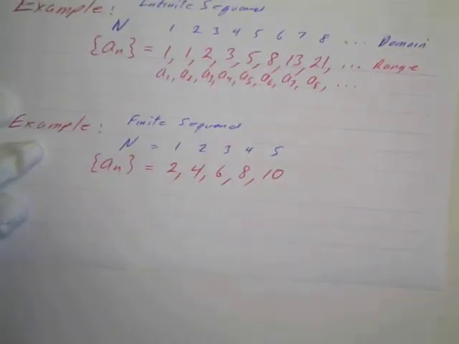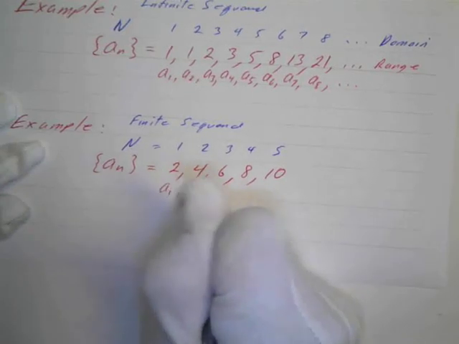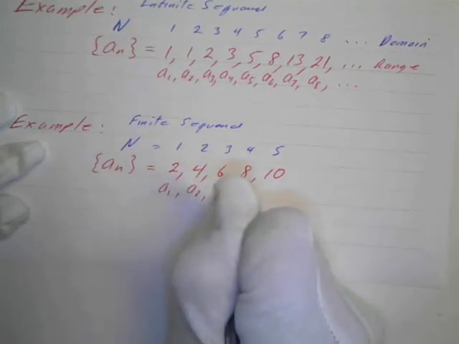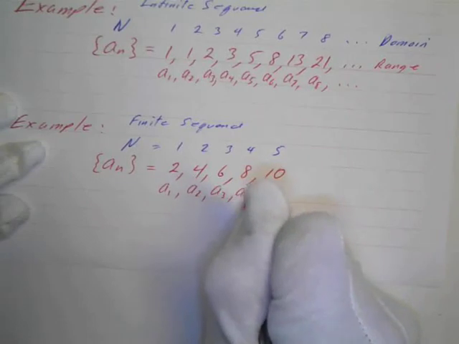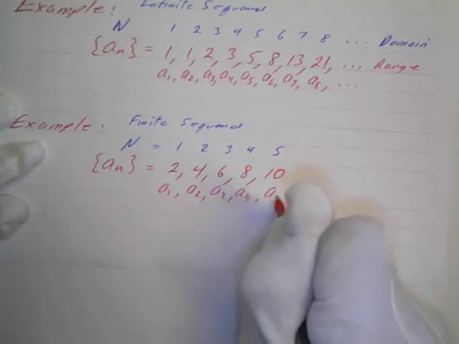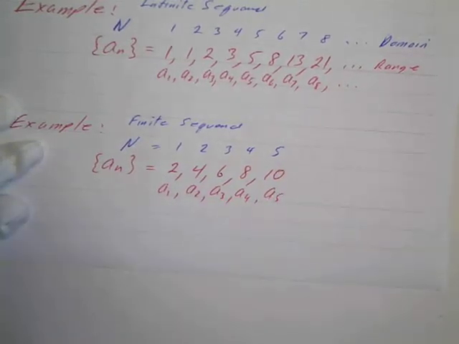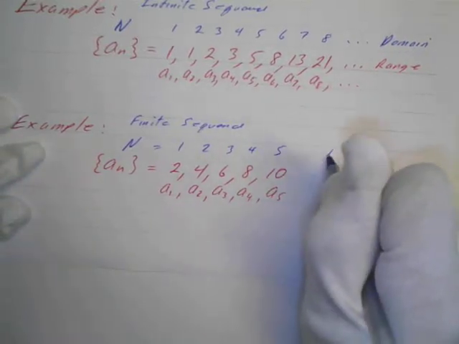And again, if we want to put it in the a sub n notation, this would be a sub 1, this would be a sub 2, 6 would be a sub 3, 8 would be a sub 4, and 10 would be a sub 5. And our domain would just be 1, 2, 3, 4, 5.